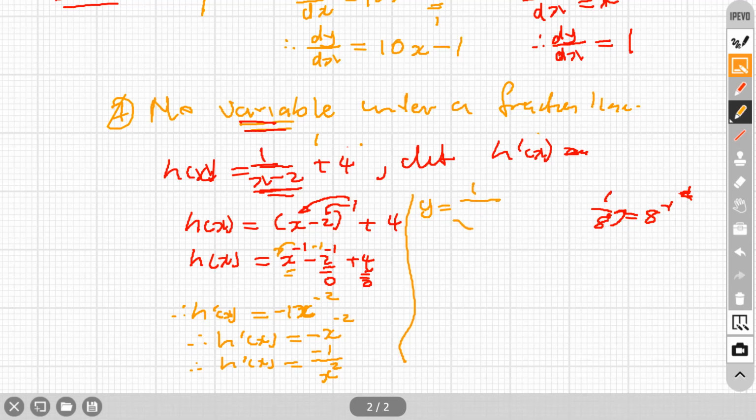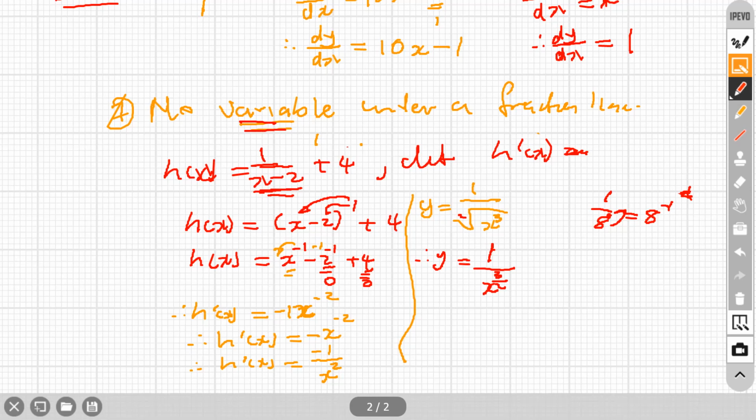Number one, we said no root sign. First thing first, we know that in front here it's 2. So when we simplify, y is equal to 1 over x to the power of 3 over 2.